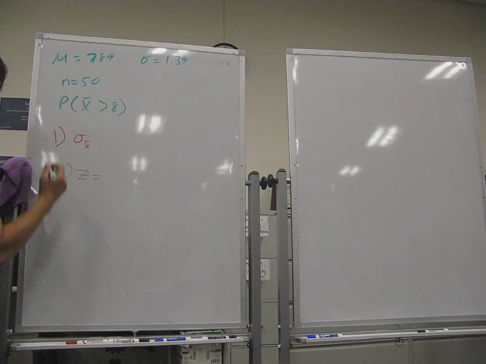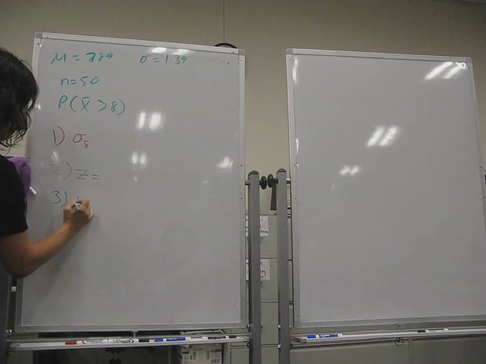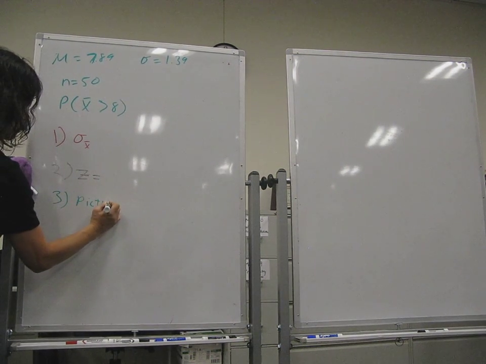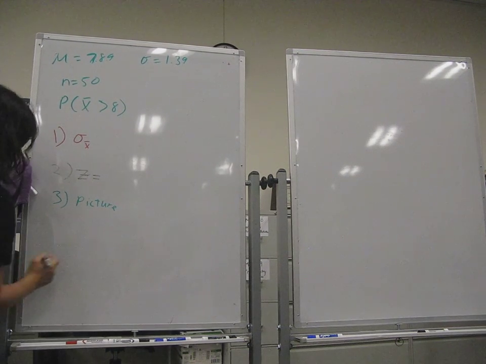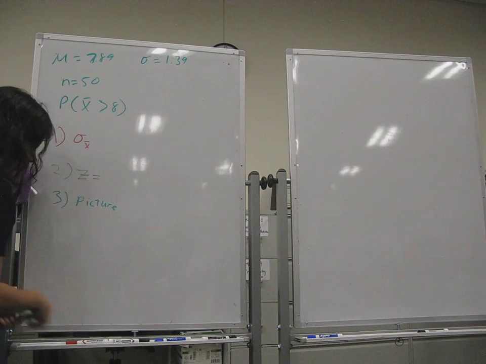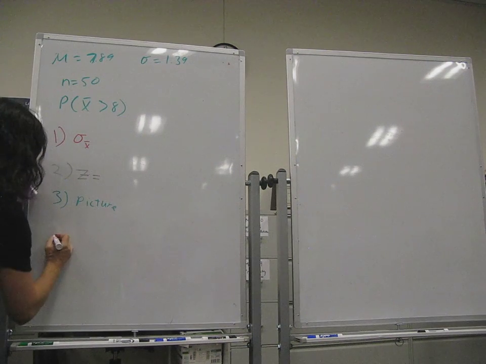And then three, give me a picture. And then four, find the area, find the probability.